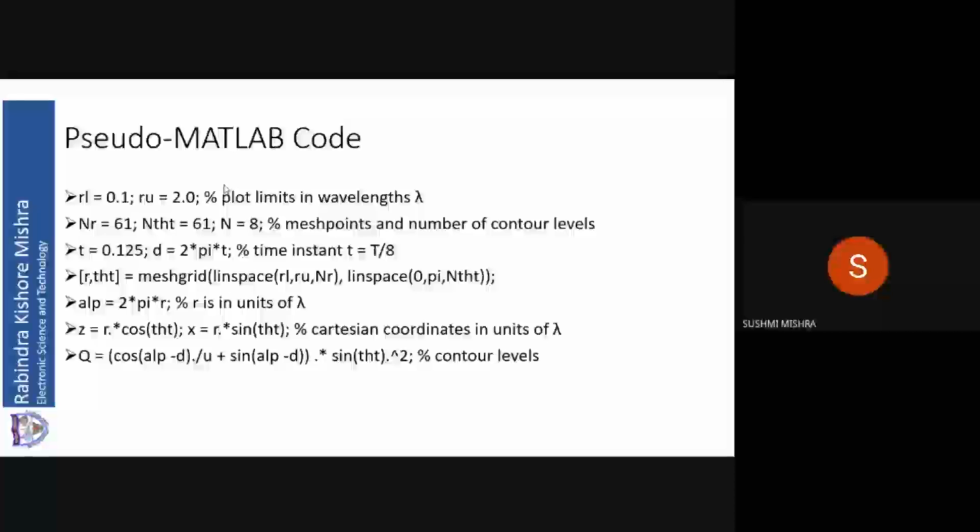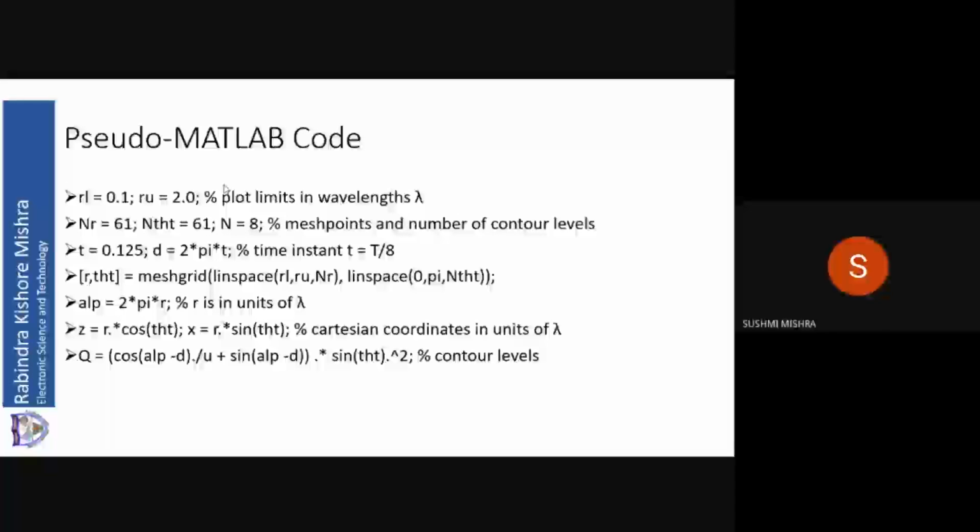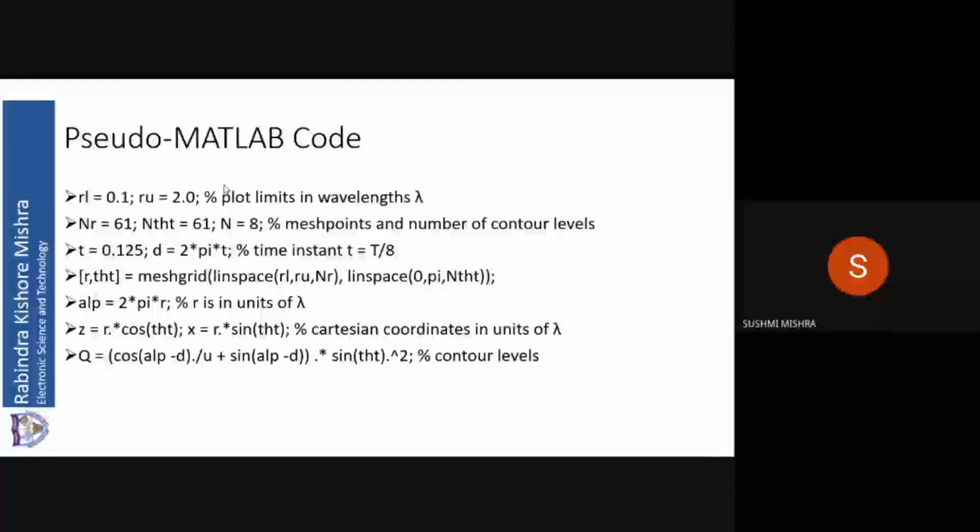Now write what will be Q. For Q we have found an expression, so use that expression. Here there is a small mistake: Q is equal to cos ALP minus T, dot slash ALP, not U. This should be ALP. Now dot slash means division element by element.